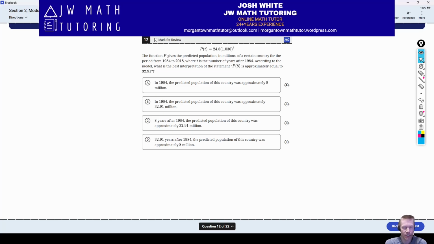Next up, question number 12. This is interpretation of an exponential function. So here is your given function, and we are asked to basically figure out what this p of 8, approximately equal to 3291, represents. Okay, so notice 8 is inside here, so t is equal to 8. So what does t represent? Number of years. So we need an answer that mentions, first of all, something about 8 years.